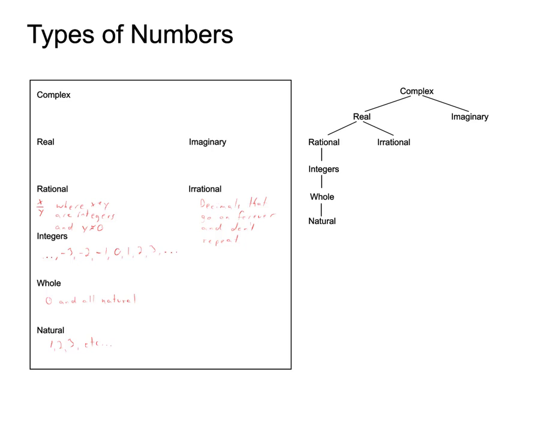Those are just 3 examples of them. But again, they have to have the two things in common where, as decimals, they go on forever, and again, they do not repeat in any way. The real numbers are basically all rational and irrational numbers.